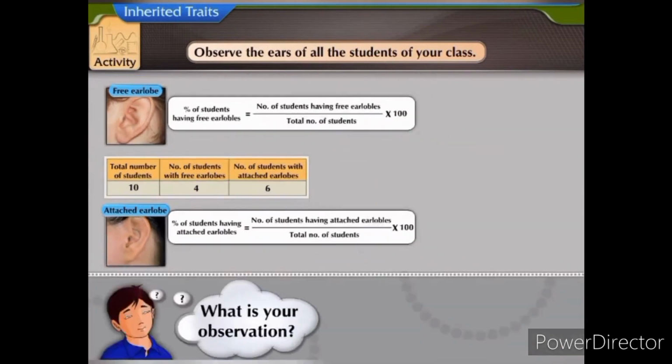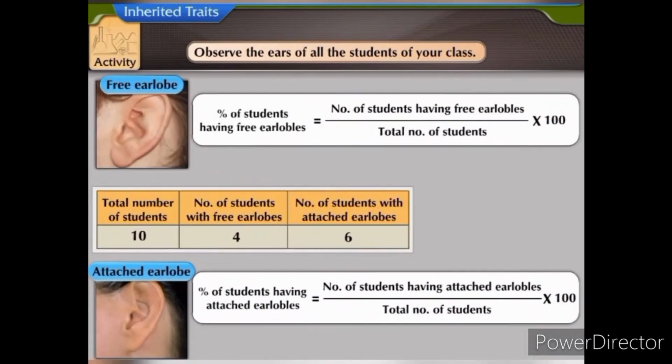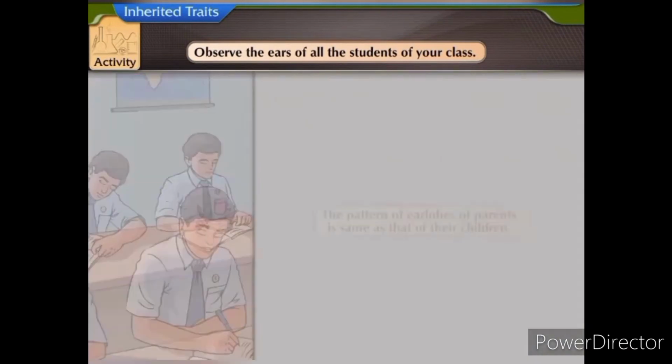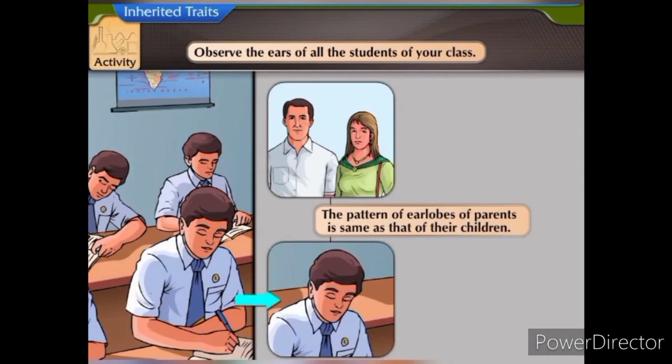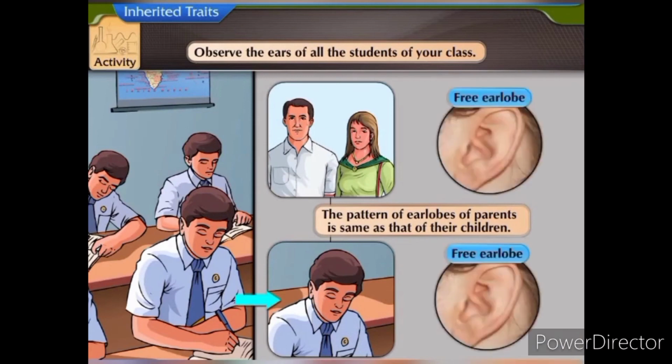What is your observation? Well, the percentage of students with free earlobes and those with attached earlobes is 40% and 60% respectively. Now, if you were to observe the earlobes of the parents of these students, you will observe that their pattern of earlobes is the same as that of their children.